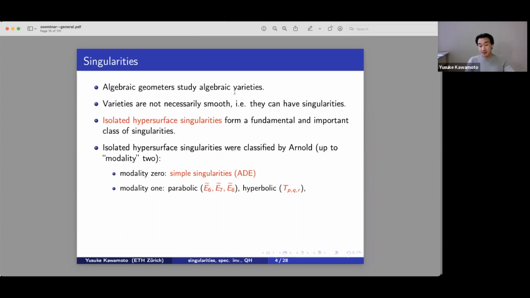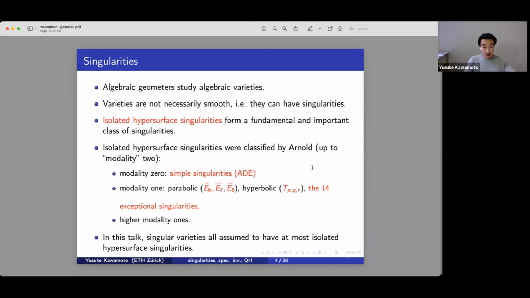People often write it T_{p,q,r}. And there are also the famous 14 exceptional singularities of Arnold. And beyond that, there are many, many higher modality singularities.